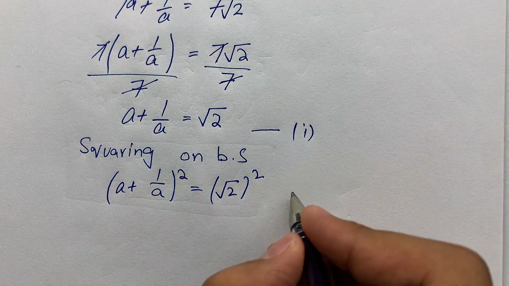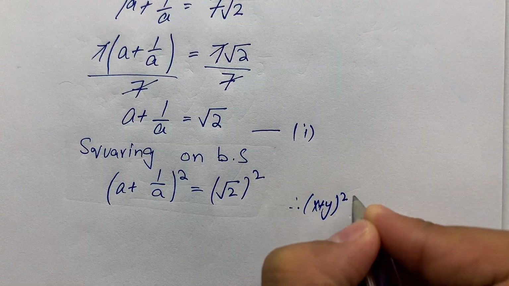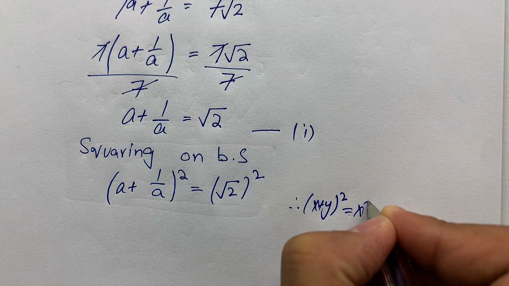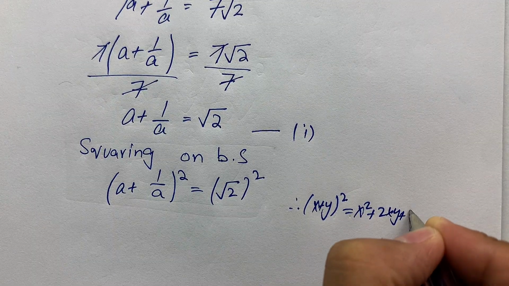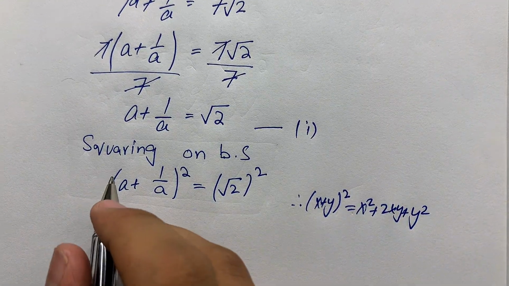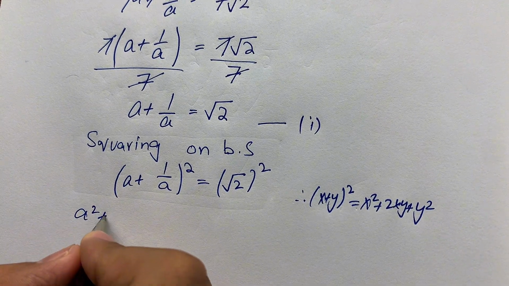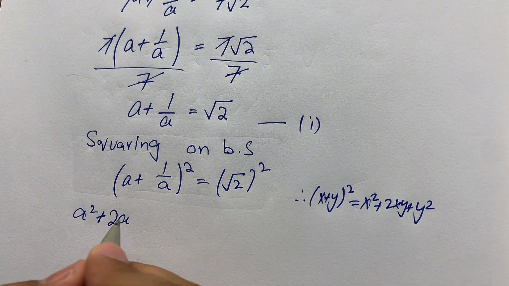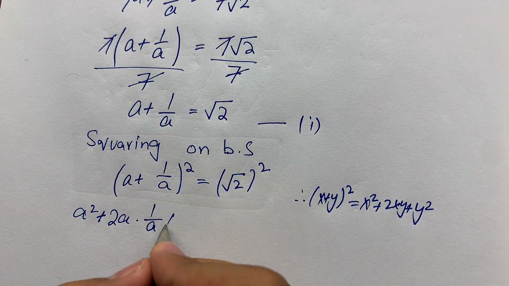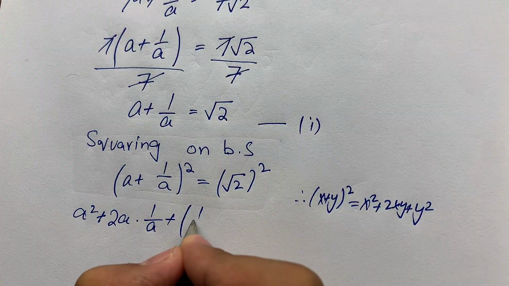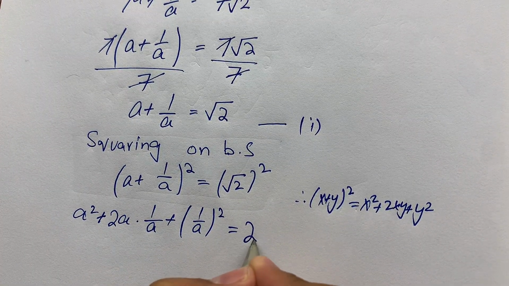Now use this formula, x plus y whole square is equal to x square plus 2xy plus y square. Now this will be a square plus 2a into 1 divided by a plus 1 divided by a whole square is equal to 2.